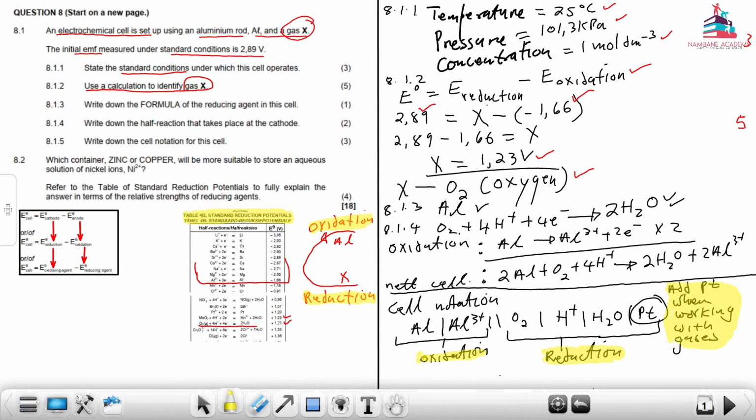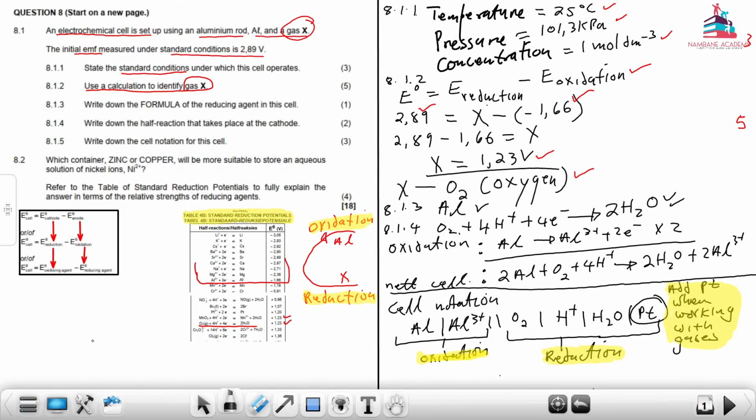Like I did say earlier on, once you are able to identify which one undergoes reduction and which one undergoes oxidation, everything else becomes easy to follow and nice and clear. So let's answer the last question, which is 8.2.